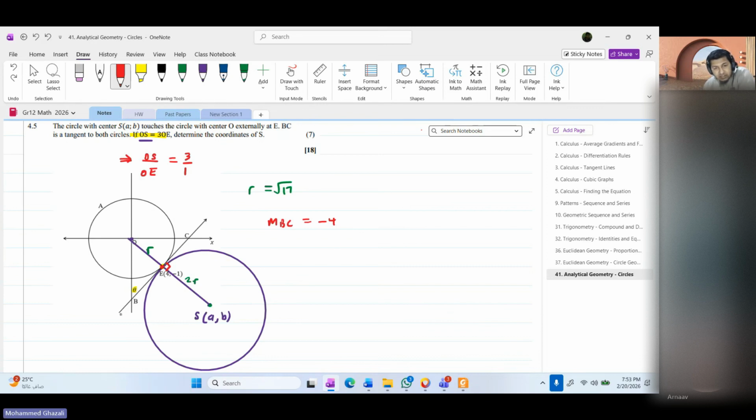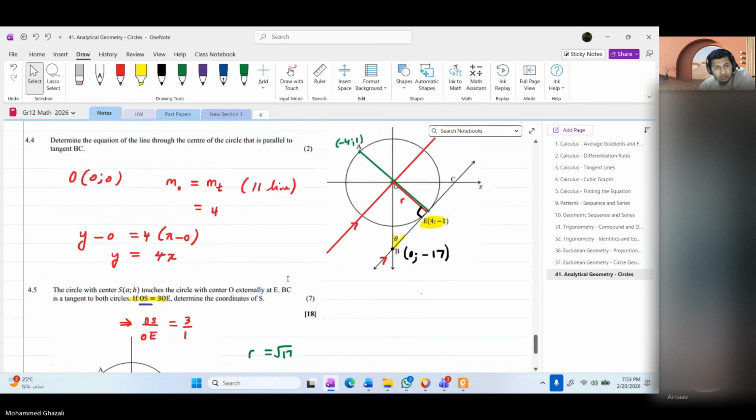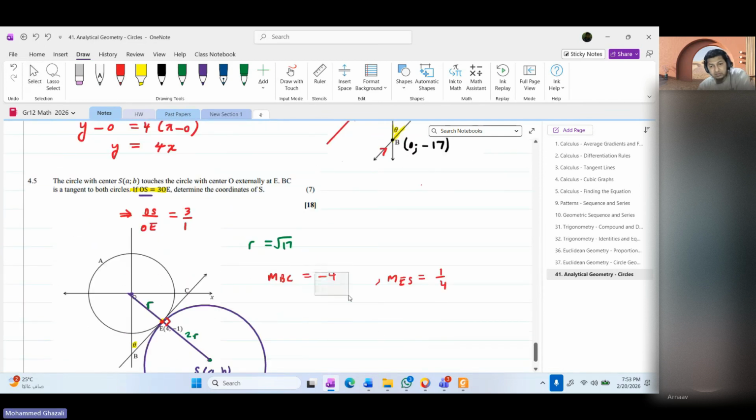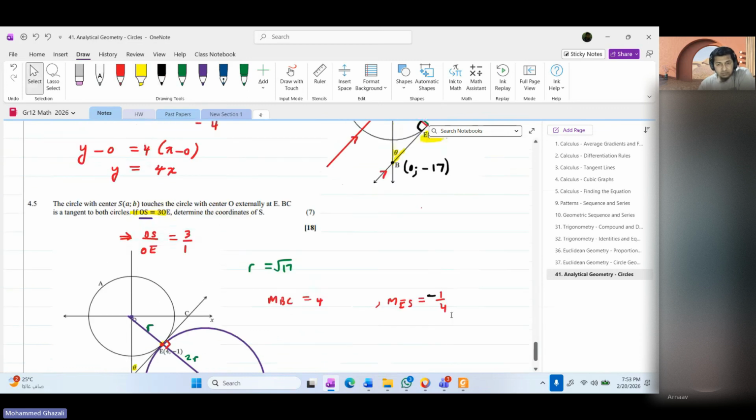Gradient of BC is -4, so the gradient of ES will be equal to a quarter. Was it a quarter? Sorry, not -4, it was 4. And this is -quarter.